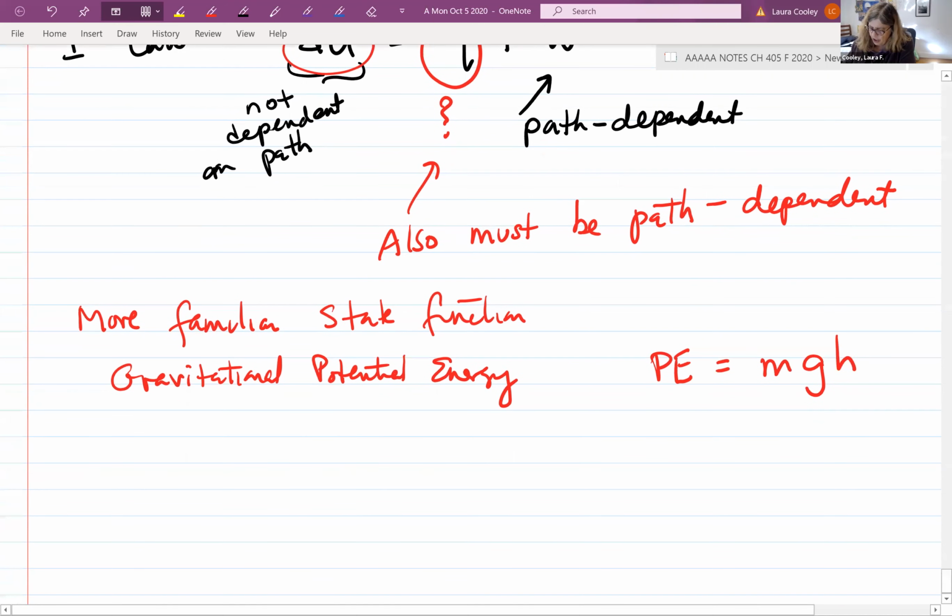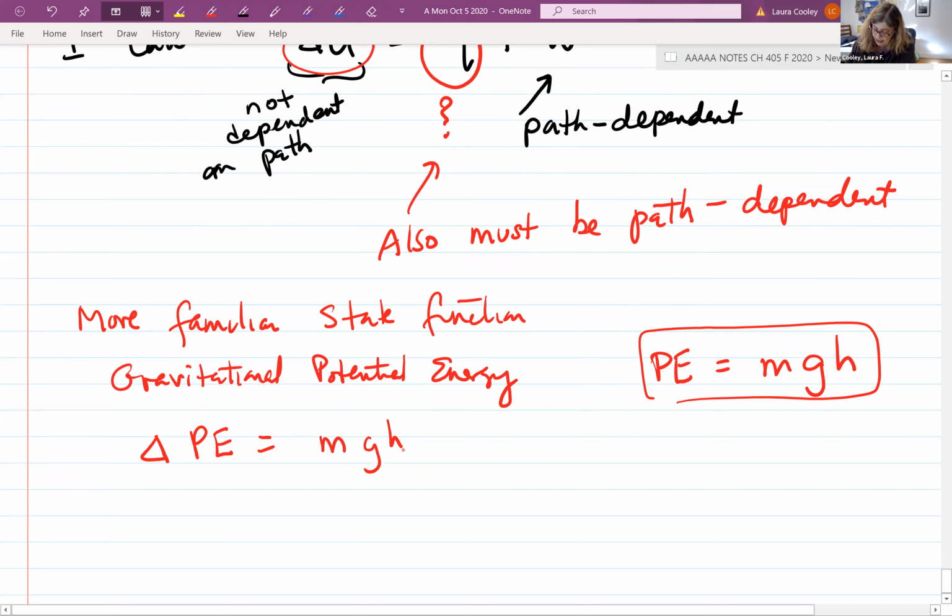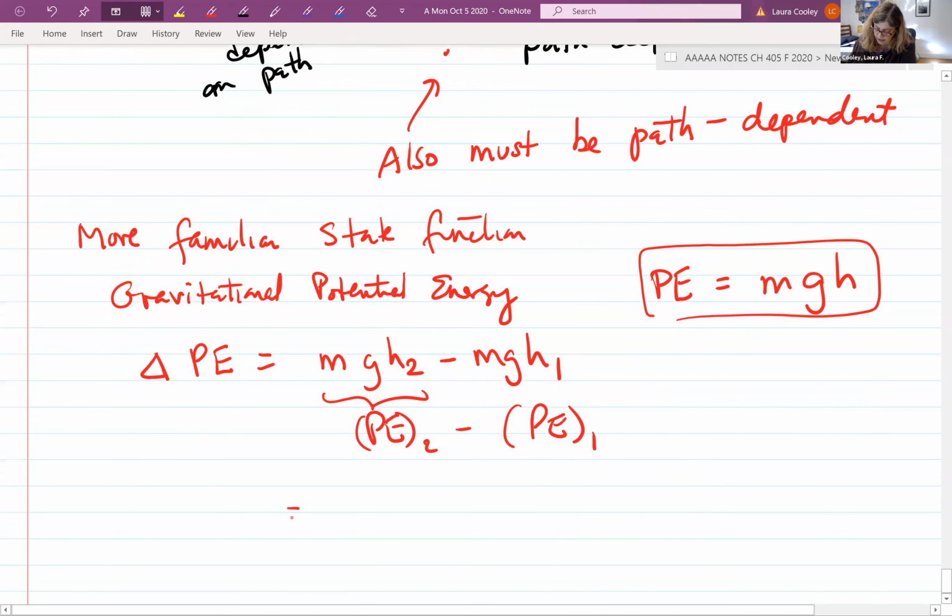So what's the change in potential energy as you go from one height to another? It's mgh2 minus mgh1, which is PE2 minus PE1, and that's just mg times the change in height.